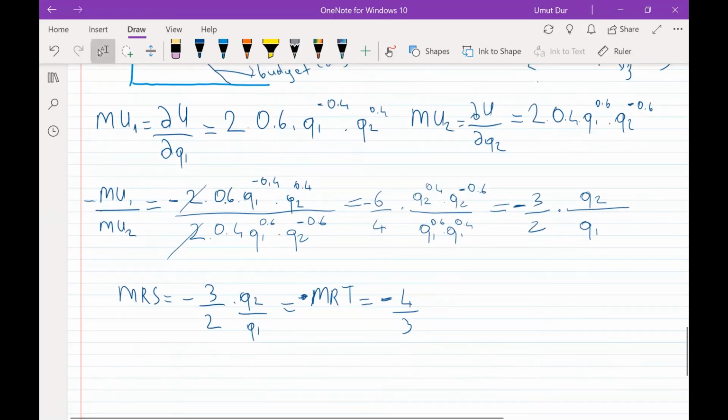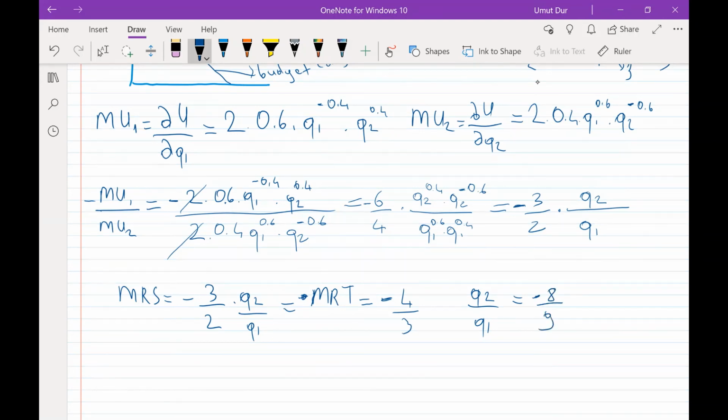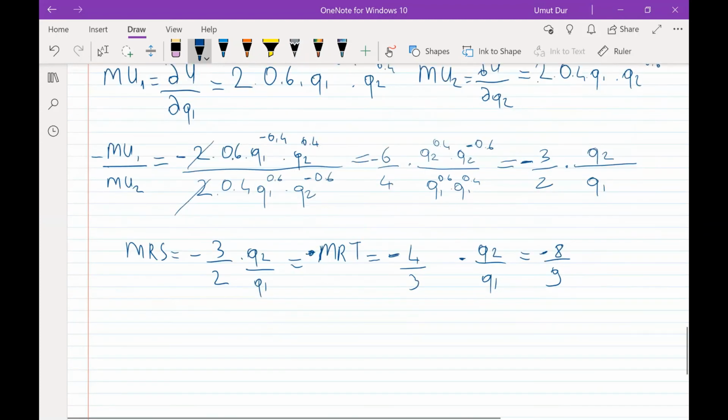If I do the math here, Q2 over Q1 is equal to 8 over 9.